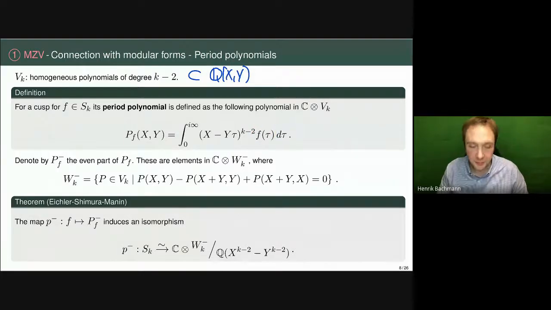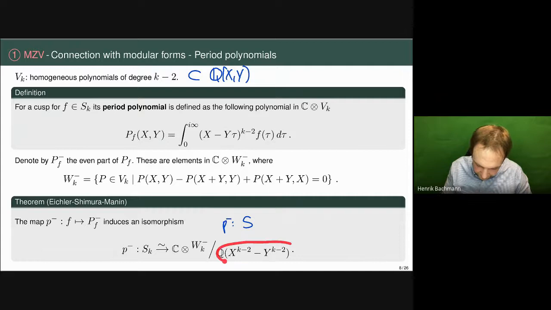And then the statement is, this is not just in there, but actually this space gives all period polynomials in weight k. This is due to work of Eichler, Shimura, and Manin, which states that if I send f to its even period polynomial, then this is an isomorphism from the space of cusp forms to this space W_k^-, where I need to divide out this part here.